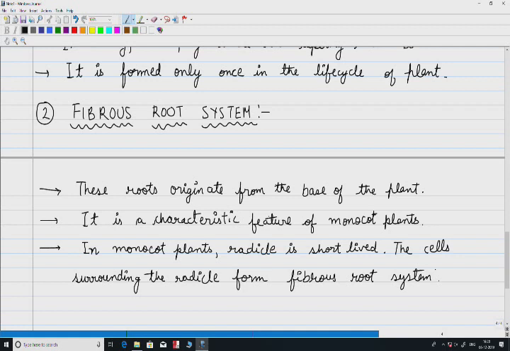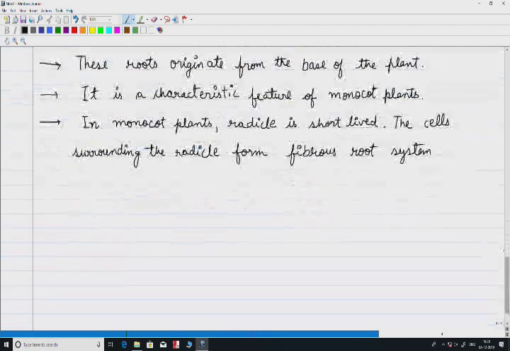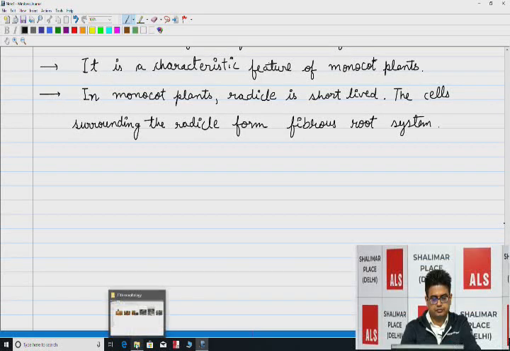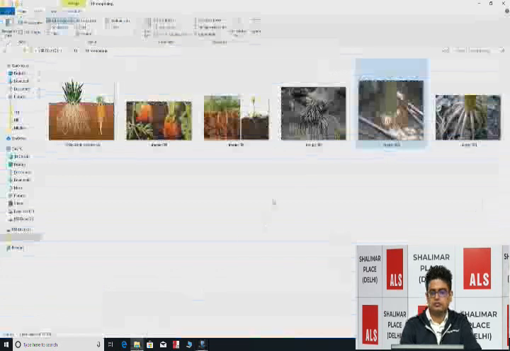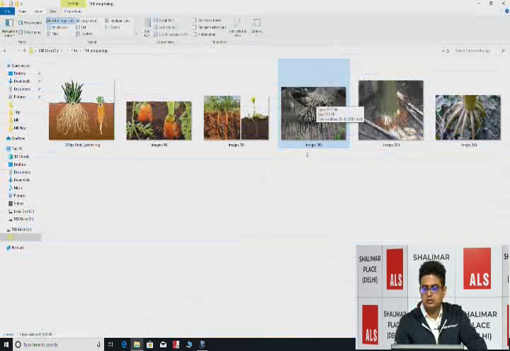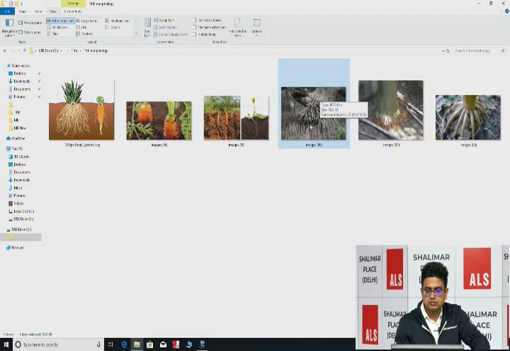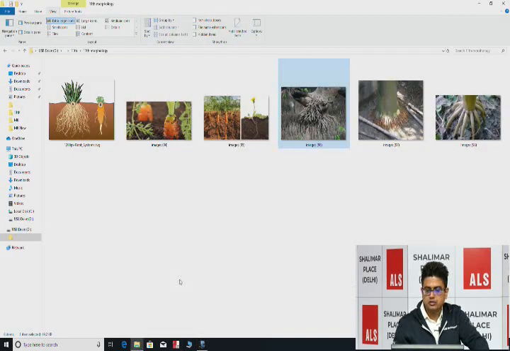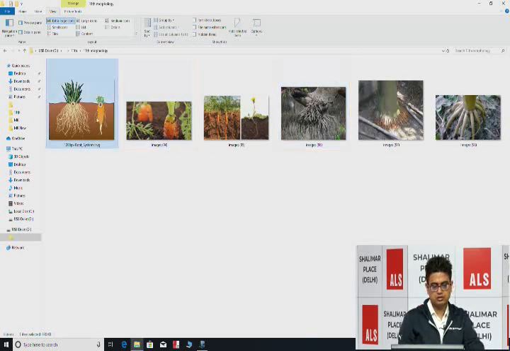Okay. So what is this fibrous root system that everybody is talking about? Let us see here. Okay, so it's not converting. Give me a second. Right, it's not coming well.